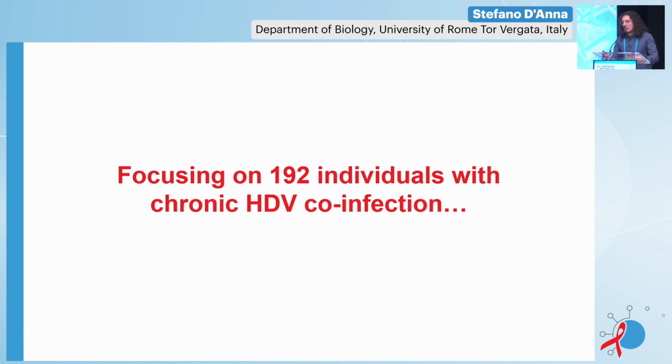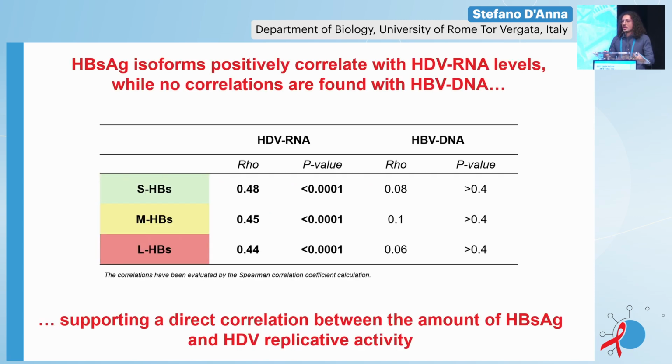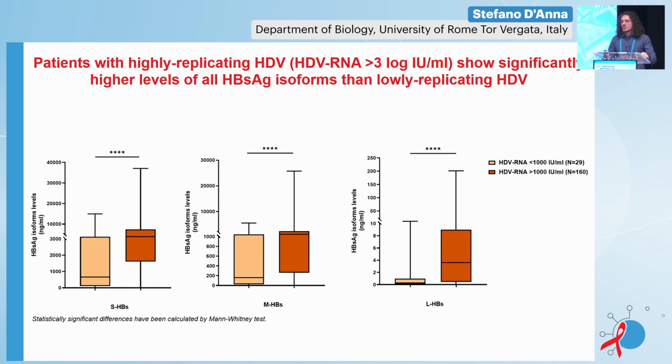Then, by focusing on the 192 individuals with HDV co-infection, we observed a positive correlation of all HBs isoforms with serum HDV RNA, but not with HBV DNA, supporting a direct association of each HBs isoform with delta replicative activity. This result was confirmed also by stratifying people with HDV co-infection according to delta viremia.